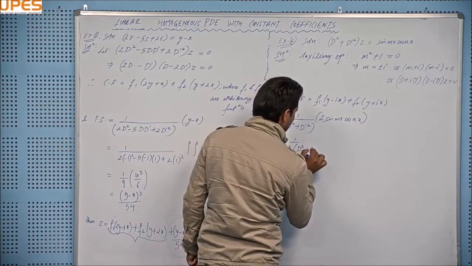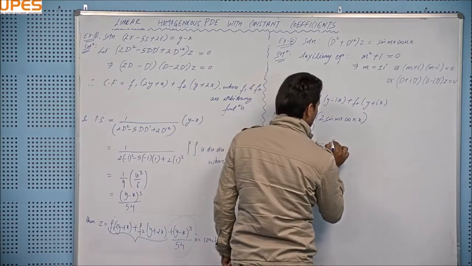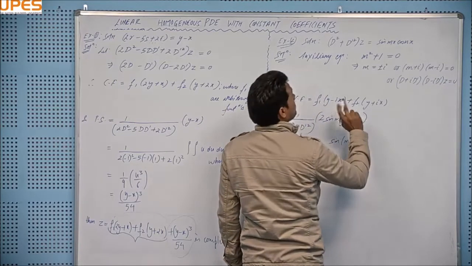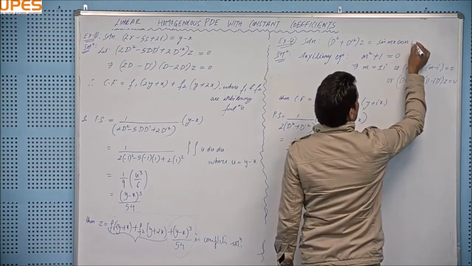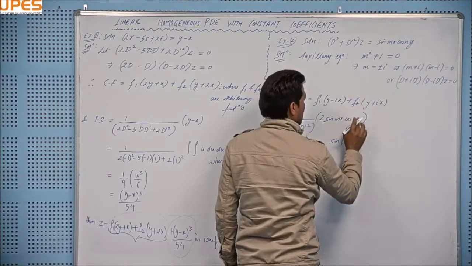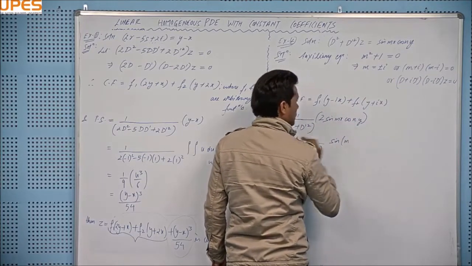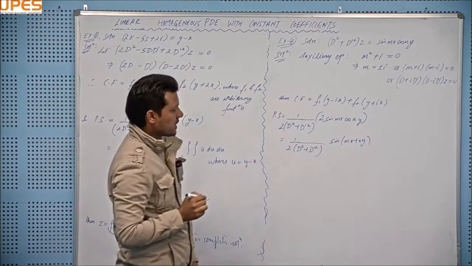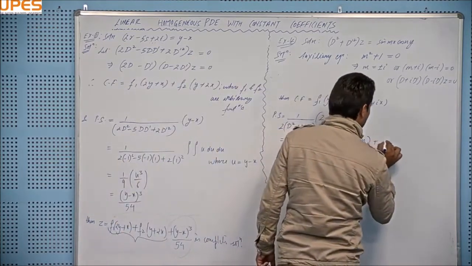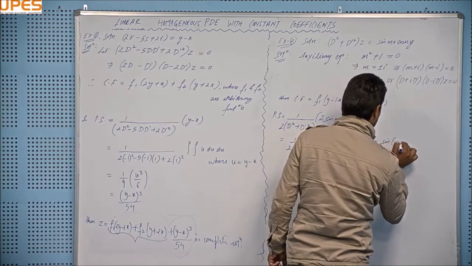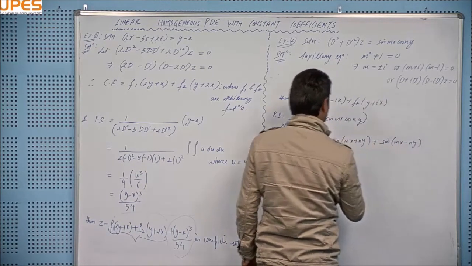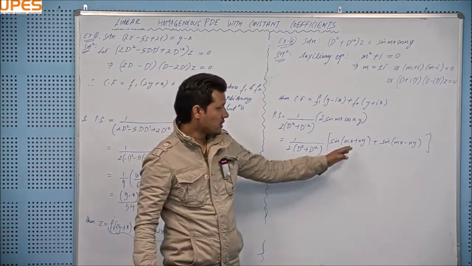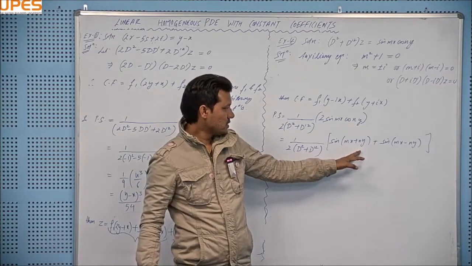1 upon D square plus D dash square, and sin(a plus b), it will become sin(mx plus ny), plus sin(a minus b). So I have got the function in that form, phi of ax plus by.